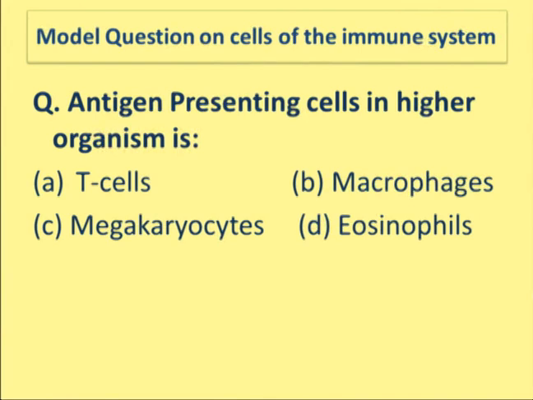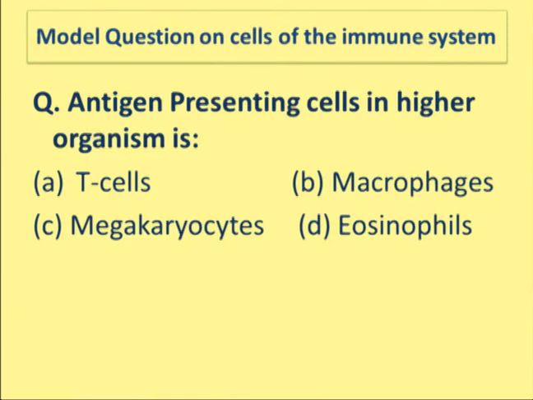Antigen presenting cell in higher organisms is: T cells, macrophages, megakaryocytes, eosinophils. Actually, among these four options, it is macrophages. But we should remember there are other cells also which are antigen presenting cells. For example, dendritic cells are also APCs, or antigen presenting cells.